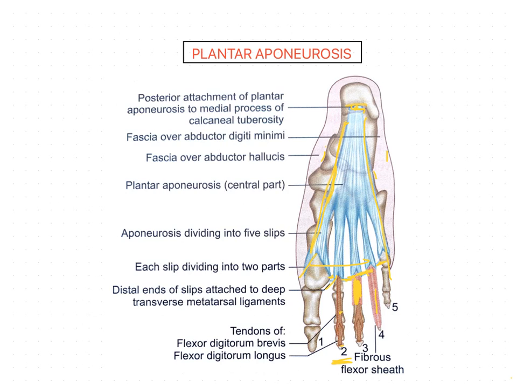Thus finally, below the deep fascia, there are 4 layered structures we can see.